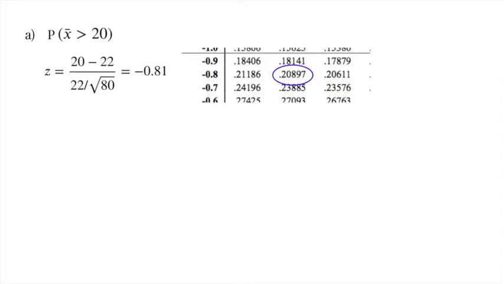This is a greater than question, so we can't leave it as this. We have to subtract 1 minus that value, and it gives us an answer of 0.79103 for the probability. So the probability that the mean minutes that these people go over for a sample of 80 people would be greater than 20 is 0.79.